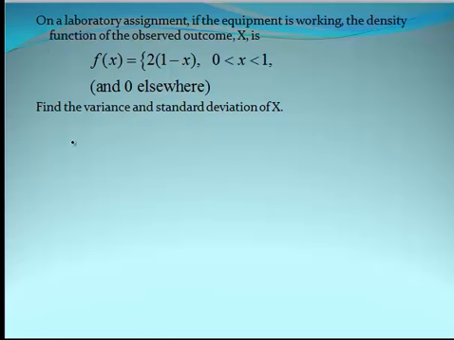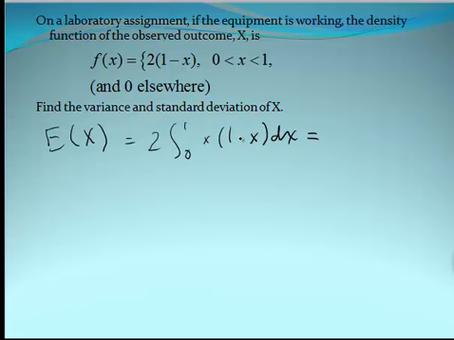Let's go ahead and work this problem. So we've got the expected value, and we've already worked this, so I'm not going to beat it to death, is just 2, 0 to 1, x times 1 minus x dx, and working that out, we get 1/3.